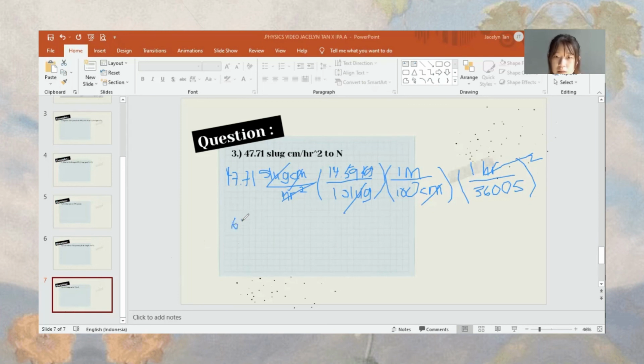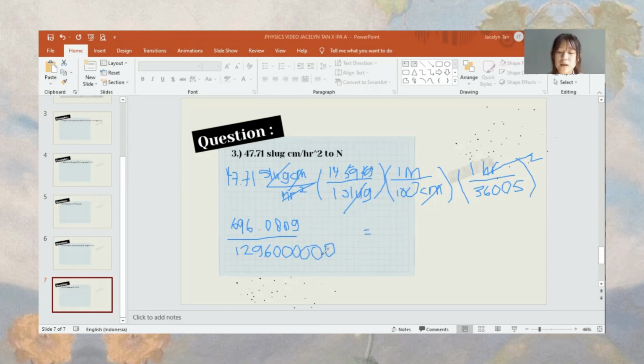So we will get 696.0889 divided by 10 to the power of 6 (1, 2, 3, 4, 5, 6).